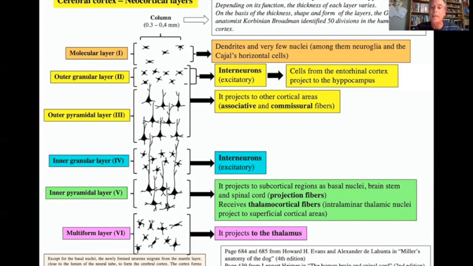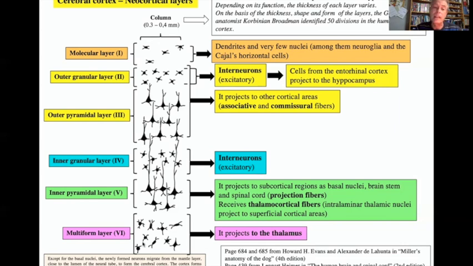And an inner pyramidal layer. This pyramidal layer is formed by neurons that project to subcortical regions and basal nuclei, brainstem, and spinal cord. So the projection fibers are coming from the inner pyramidal layer. Remember, the associative and commissural fibers come from the outer pyramidal layer, right? And then we have the multiform layer that projects to the thalamus.